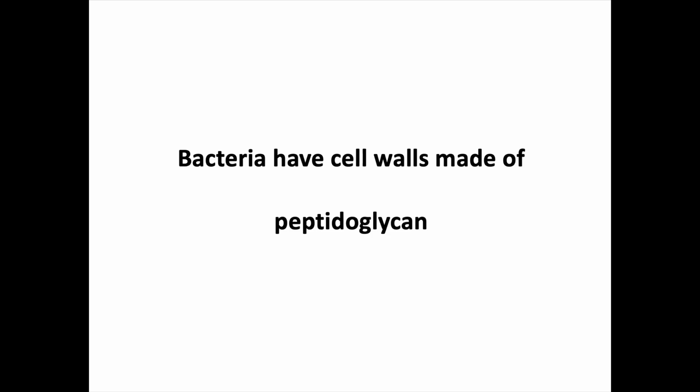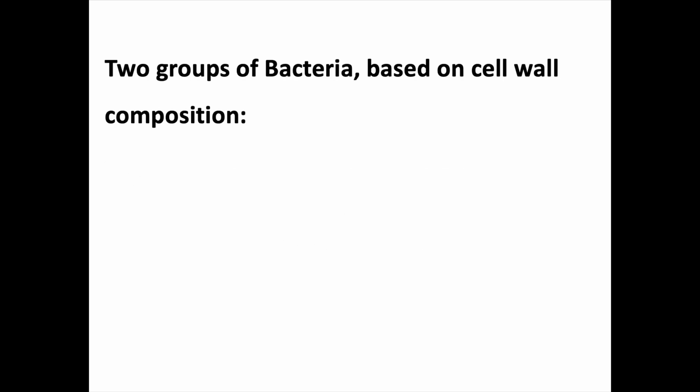Importantly, bacteria are not the only cells that have a cell wall, but their cell wall is unique to them. Bacteria specifically have cell walls made of something called peptidoglycan. Now, within this, there are actually 2 different groups of bacteria based on how they use their peptidoglycan, what their cell walls are like.